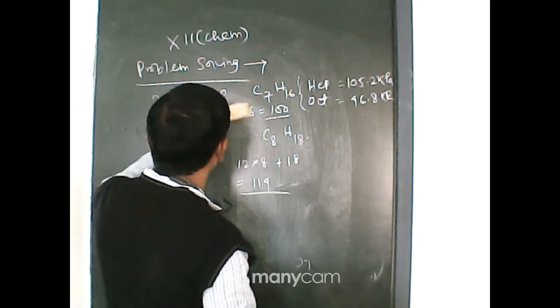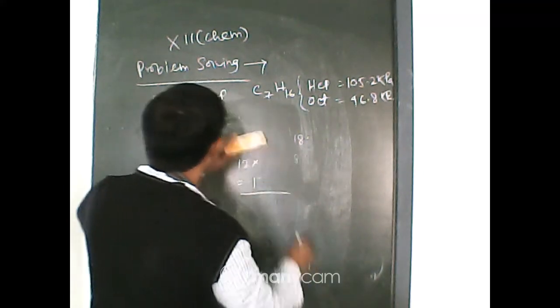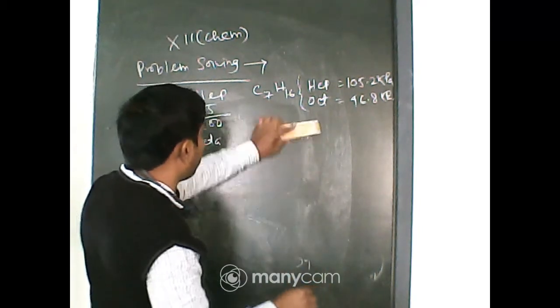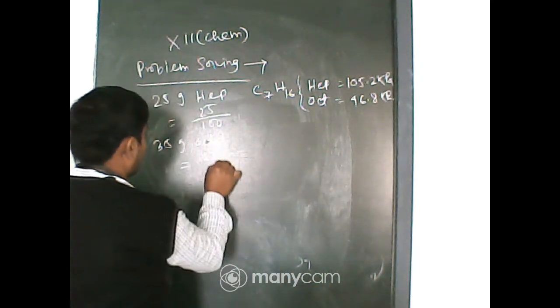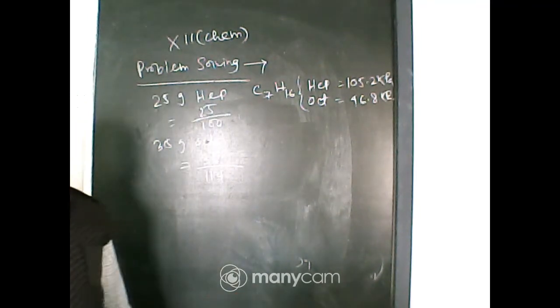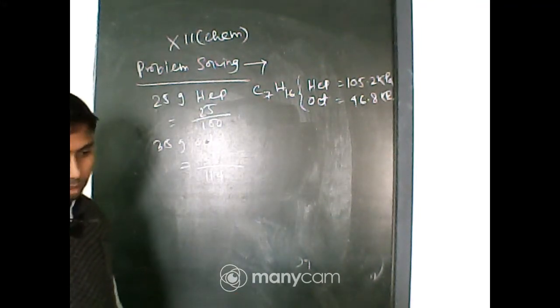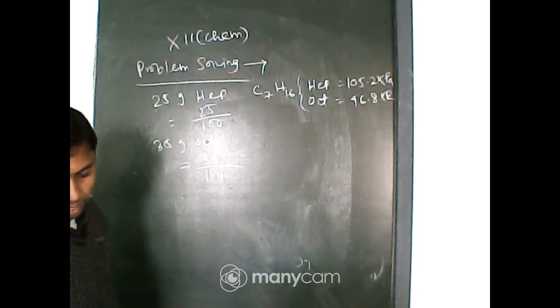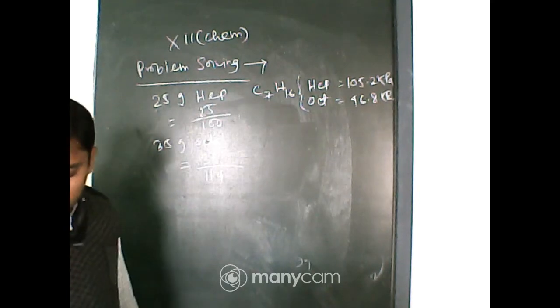So 25 gram of heptane is equal to 25 divided by 100, and 35 gram of octane is equal to 35 divided by 114. This is the number of moles of heptane and octane. Now calculate it.